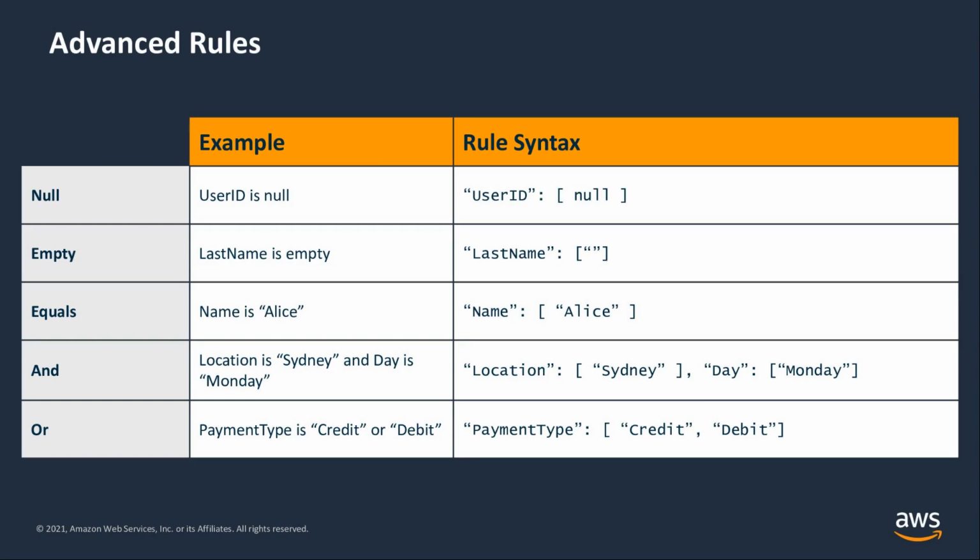Okay, so we have a number of rule primitives in our EventBridge rules, and using these rule primitives, you can construct some rather advanced rules. So you have your null rule. So you want to see if a user ID is null. Whether it's empty, which is a distinction from null, equality, logical and, logical or. So these are your Boolean logic operators.